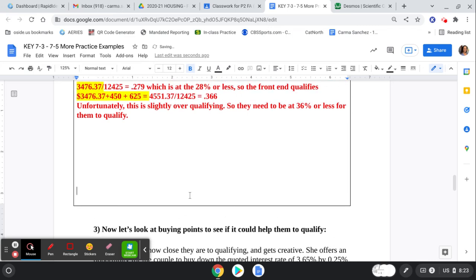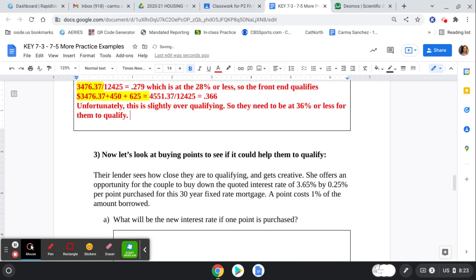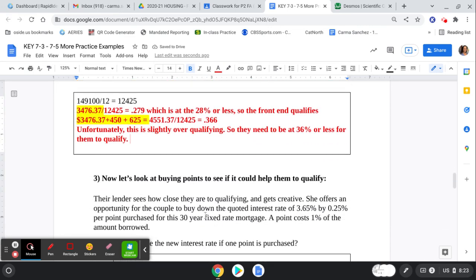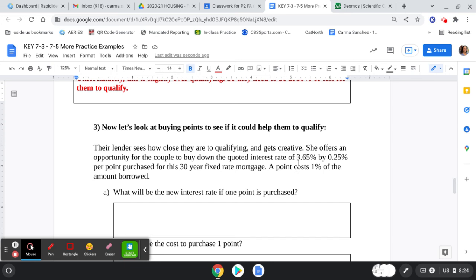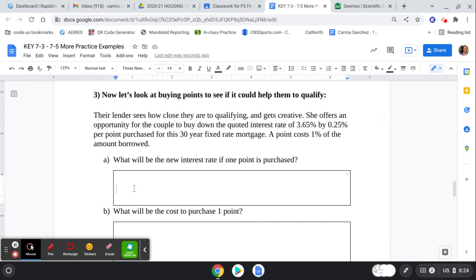the lender's got an idea. He says, wow, you're just slightly close to qualifying. Let's get creative. They offer the opportunity for the couple to buy down the quoted rate of 3.65 by 0.25%, and the point costs 1%. So that would take the rate from 3.65% minus 0.25% is going to leave it at 3.4.